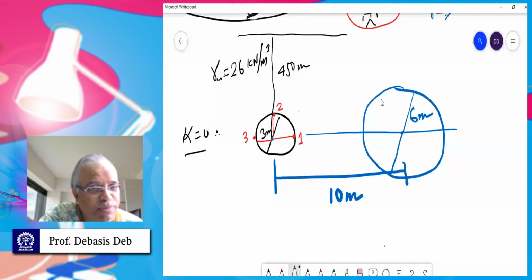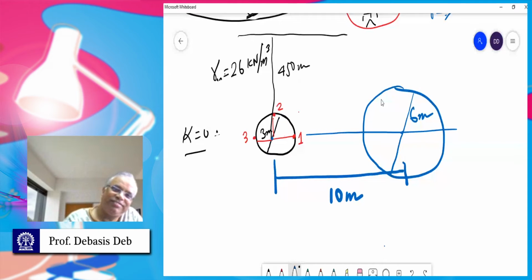So your first approach will be to calculate the zone of influence. Of which tunnel, only one or both? The left hand side tunnel. Only left hand side? What about the right hand side? You don't have to do it? No, we have to do it. You have to do it. Okay.